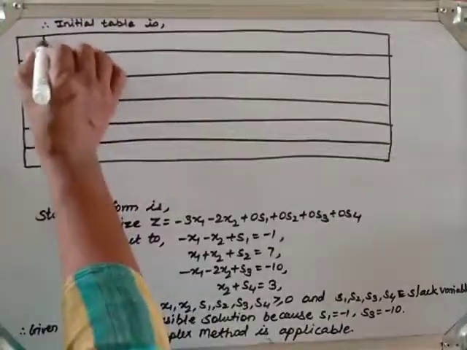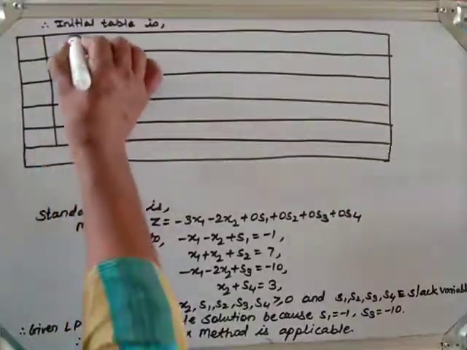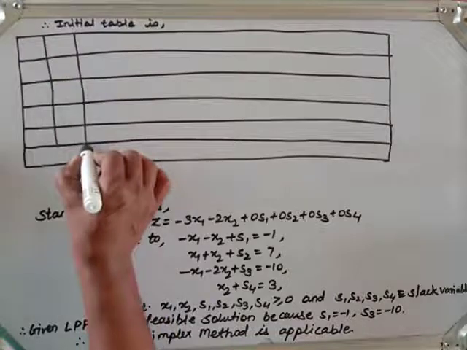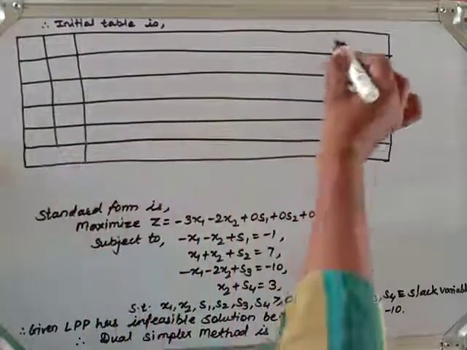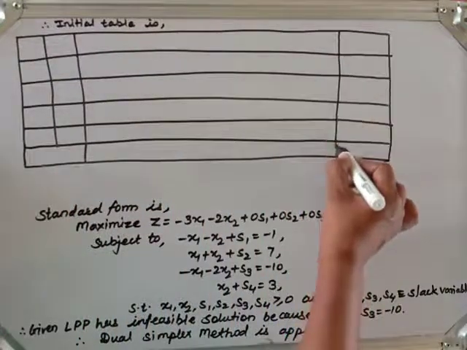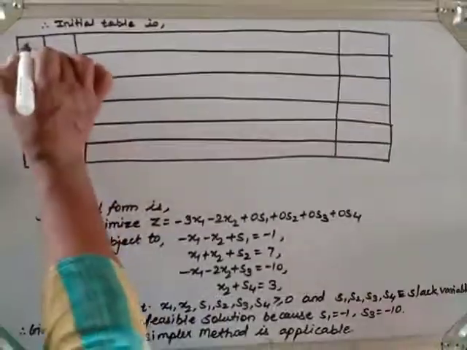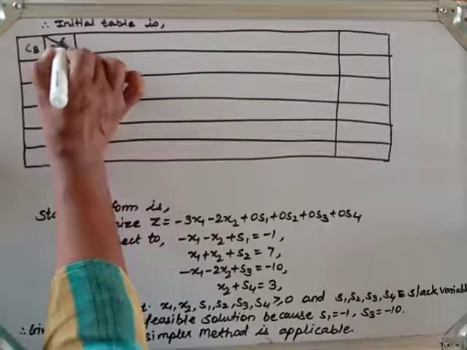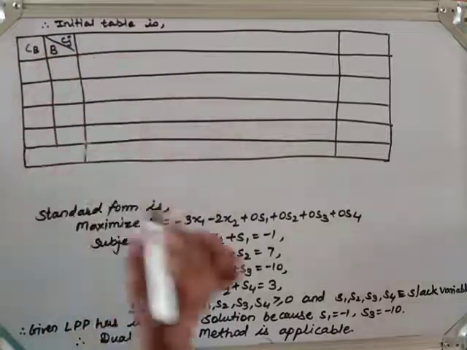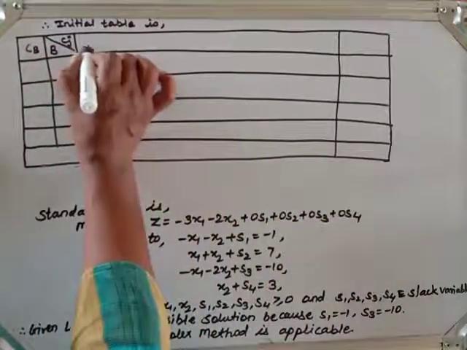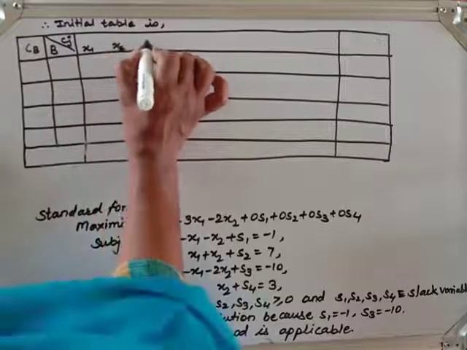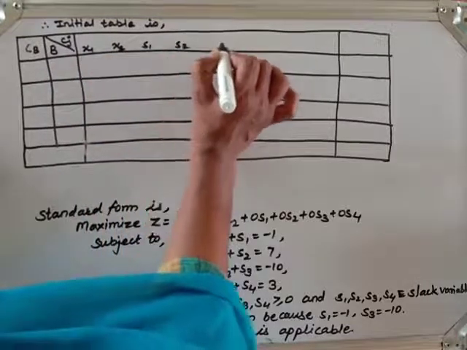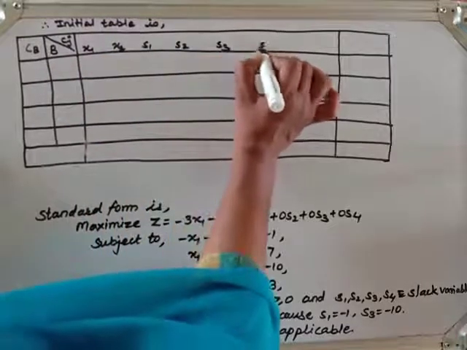CB, B and Cj will be the same. The variables are the same: x1, x2, s1, s2, s3 and s4.